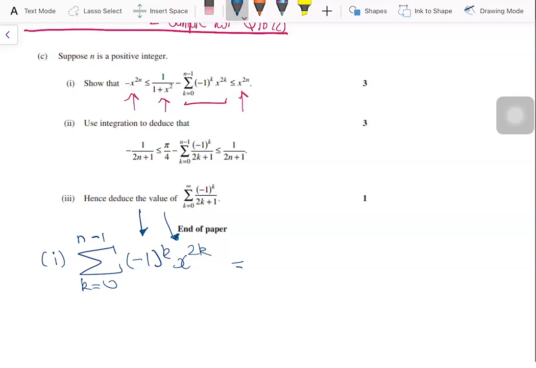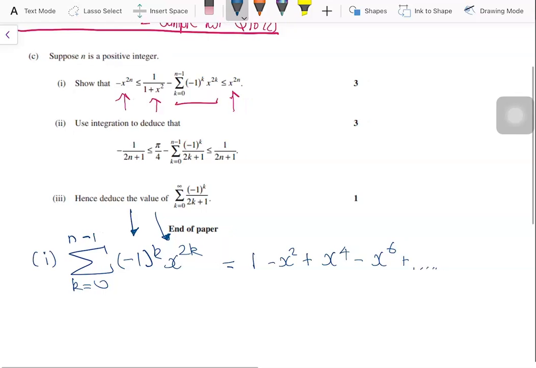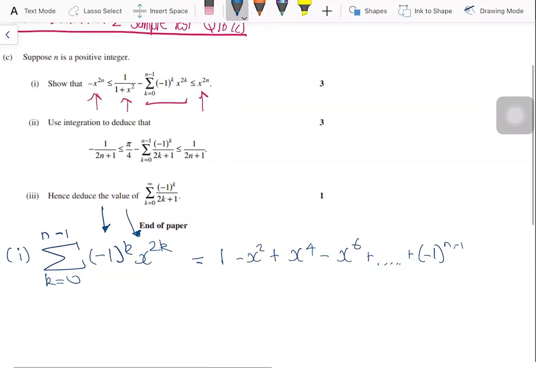If we write the first few terms, you'll see we'll have 1 minus x squared plus x to the 4 minus x to the 6 plus and so on. And the final term will be negative 1 to the n minus 1 and x to the power of 2 times n minus 1.